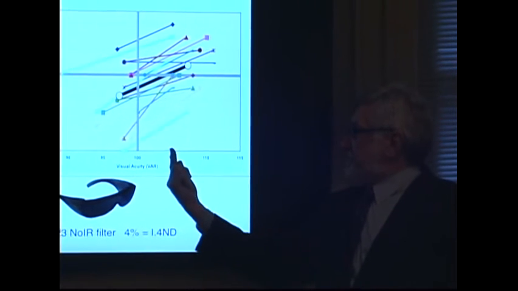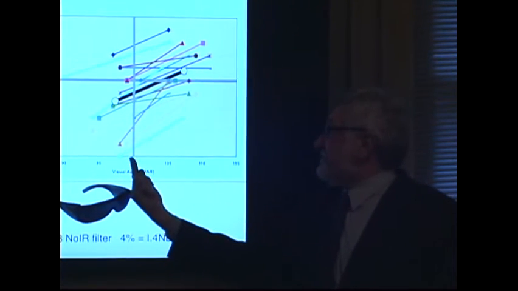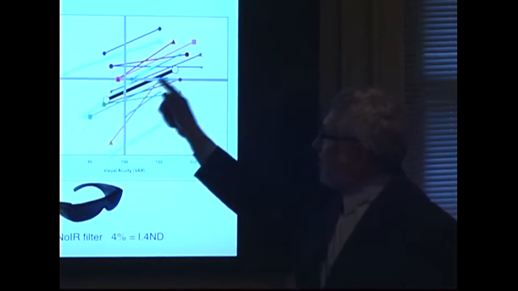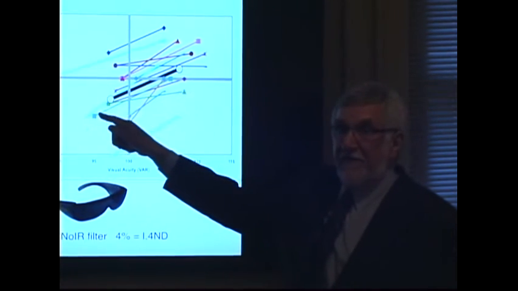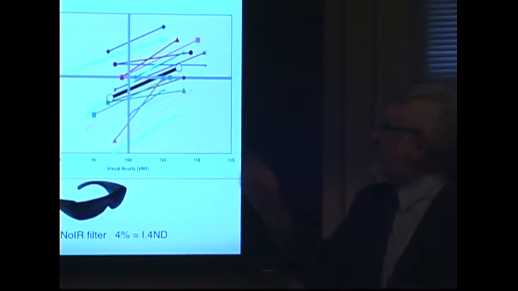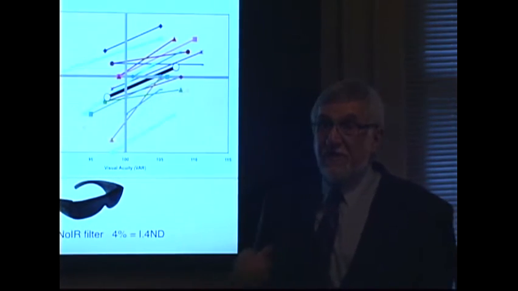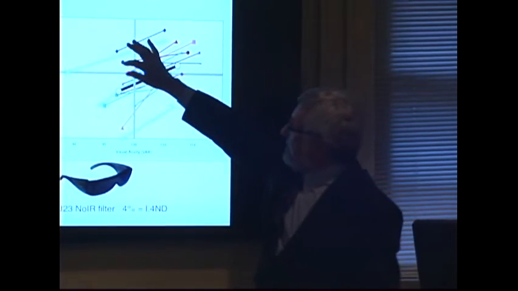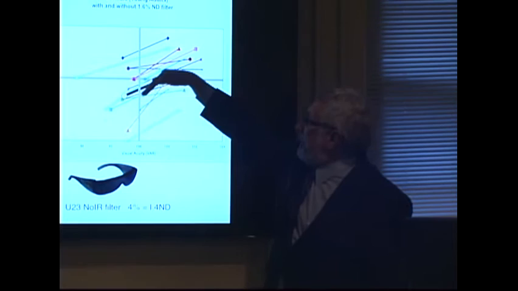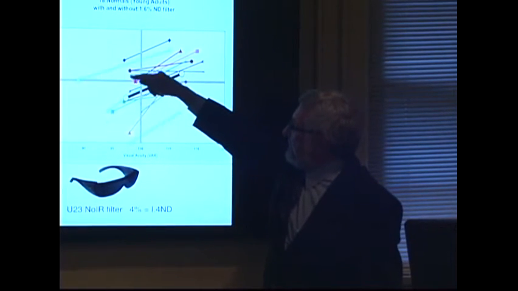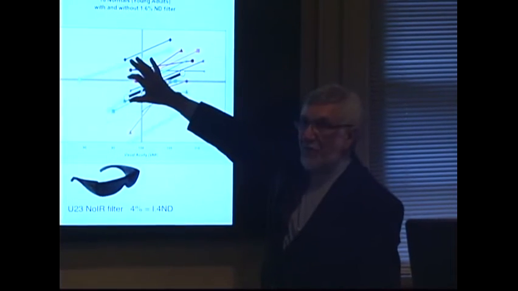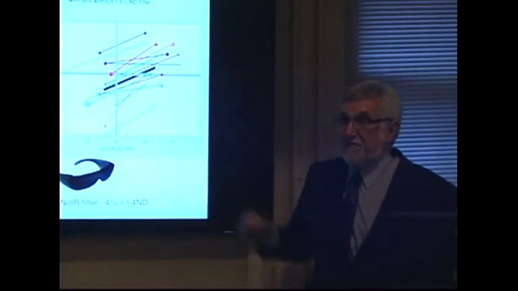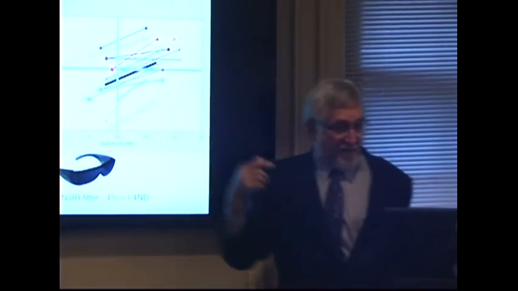The average change is about, as given by the heavy black line there, about 10 letters of horizontal change because of the reducing of illumination. The slope's not so dramatic in the contrast domain, and there we have about 0.1 log unit change. So this represents what normals do on average if you put these very dark filters on.